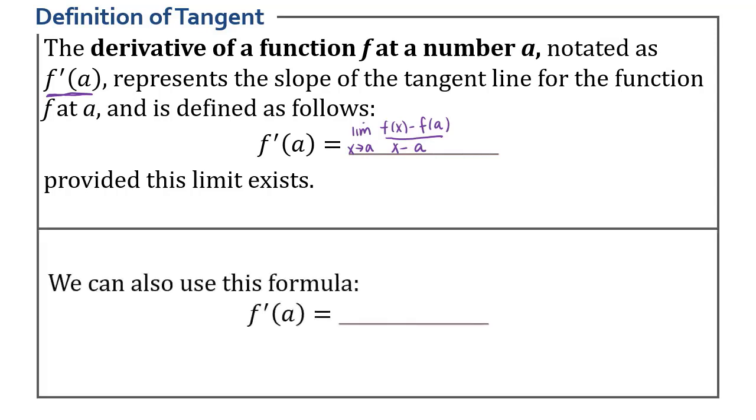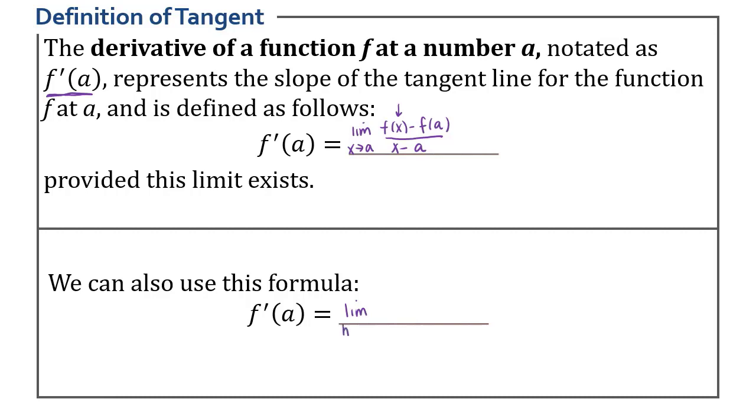We can also use this formula. Recall that we started looking at values where this second point, which we're using to find the slope of the tangent, was getting closer and closer to a. We defined that as a plus h, so h was how far away we were from that initial value.